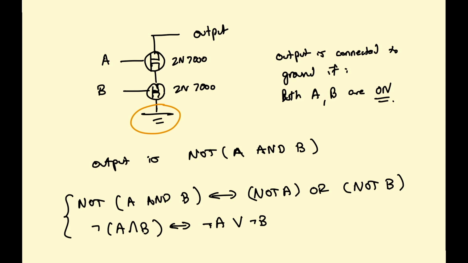So when is a P-type transistor on? When the input is off, which means the P-type transistor does the opposite of its input. Not A is the first P, not B is the second P, and how are they wired? In parallel, right?